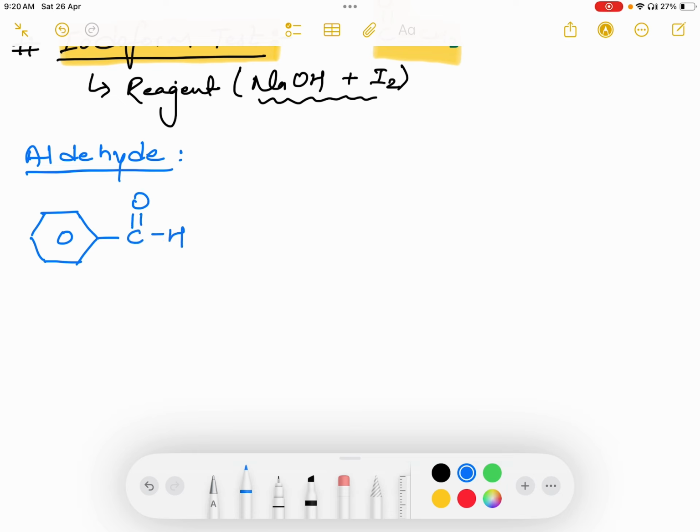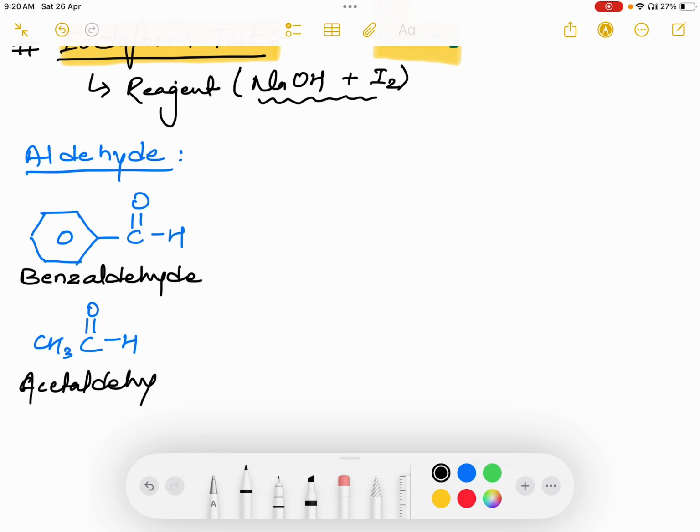Next I have acetaldehyde, which is CH3 C double bond O H group.